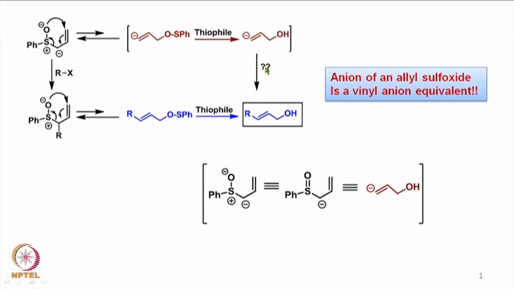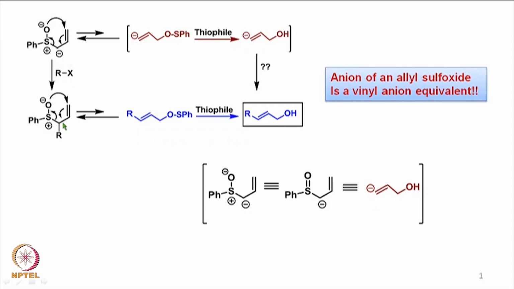And if we treat with an electrophile like R plus or a source of R plus, then of course we can get the corresponding allyl alcohol where the R group is attached to the vinylic position. So this is all hypothetical, but in practice what one can do is to generate this anion here and react with an electrophile such as RX. R can be any alkyl group and X is a leaving group.